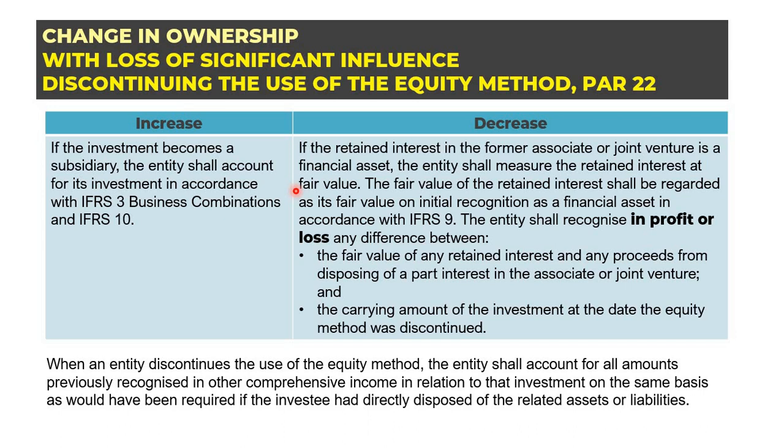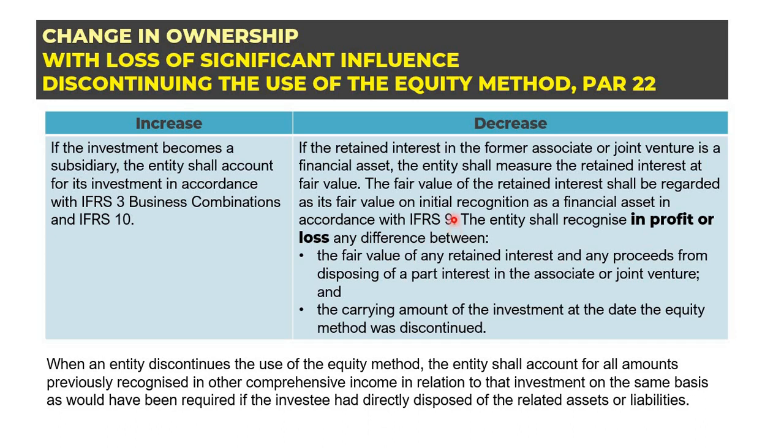So, we remeasured that at fair value. The fair value of the retained interest shall be regarded as its fair value on initial recognition as a financial asset in accordance with IFRS 9. So, our remaining 70,000 ordinary shares in DEF company, which is only 18% ownership, we remeasured at fair value on the date of reclassification, which is the date we lost the significant influence over the investee.